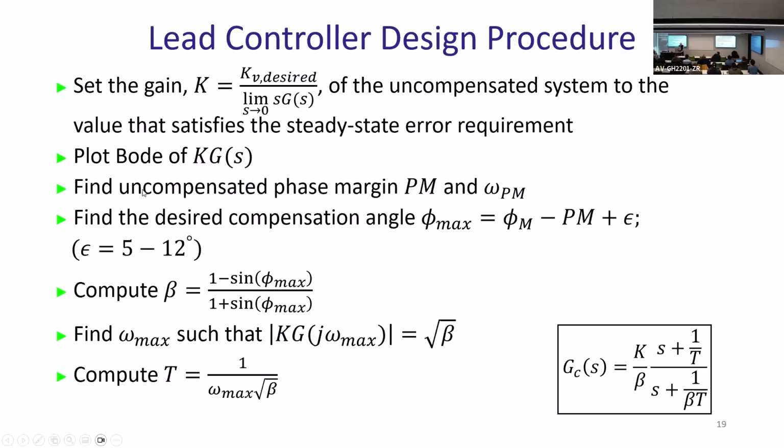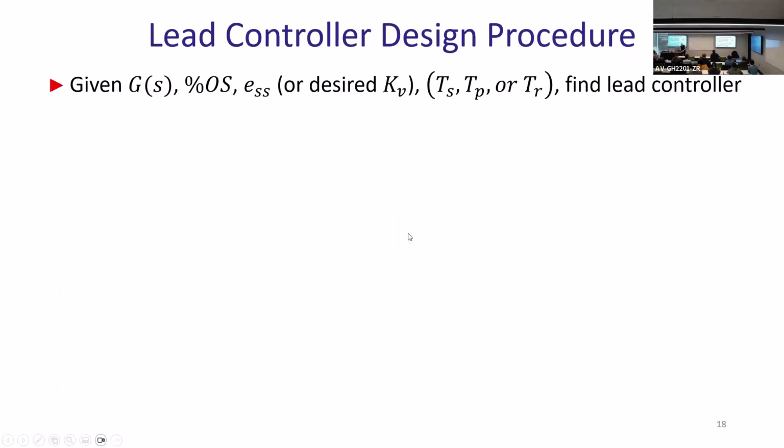Then you find the uncompensated phase margin, PM, and where it happens, like omega, which frequency you get it at, based on the Bode diagram. And again, the idea is that you want just to add more phase there with that lead controller, okay? So you're finding whatever it is right now, so what are the add-ons that you need. So here's how you compute the add-on. That phi max, which is the maximum point of that lead controller, remember that thing?